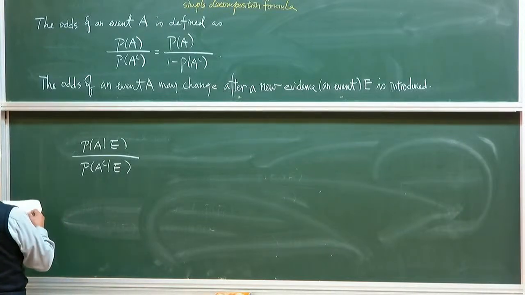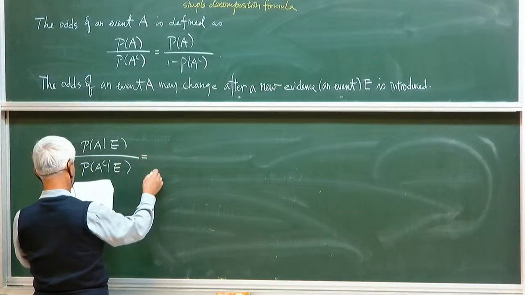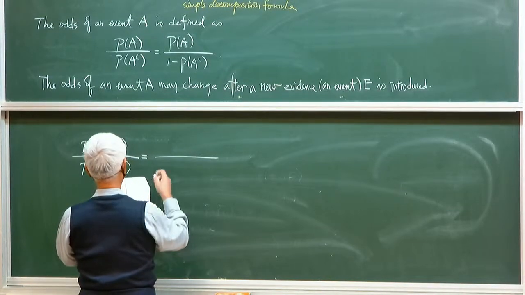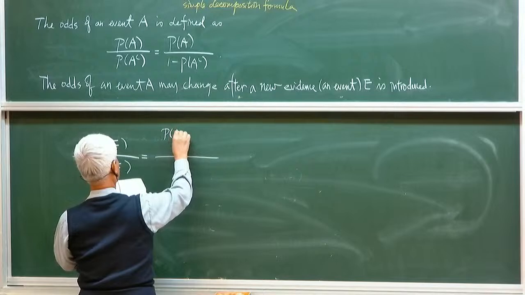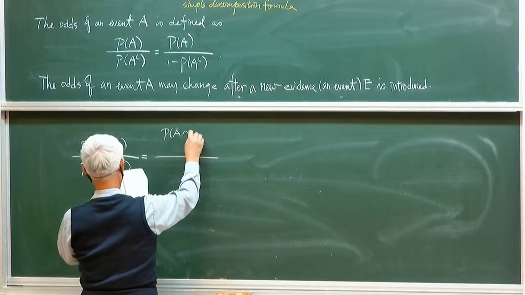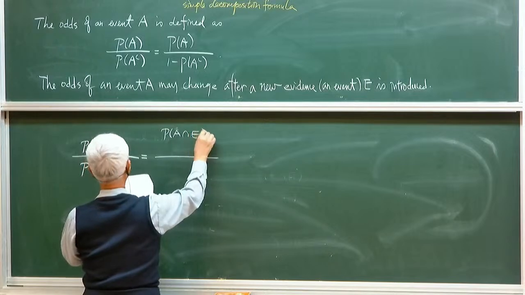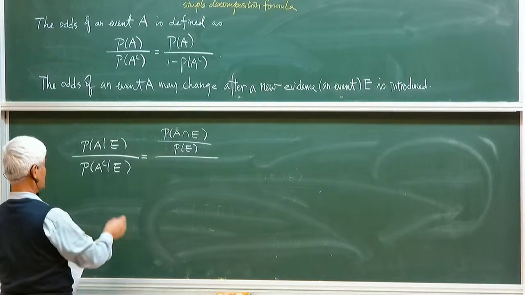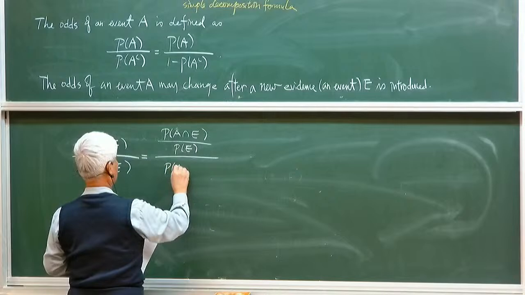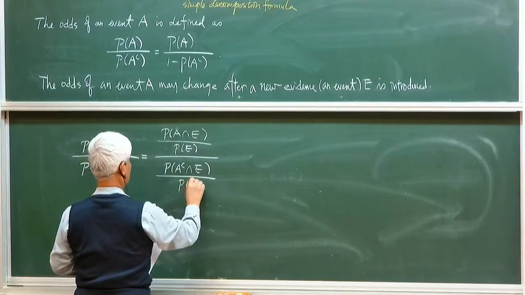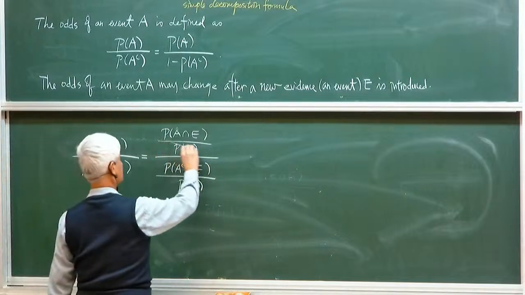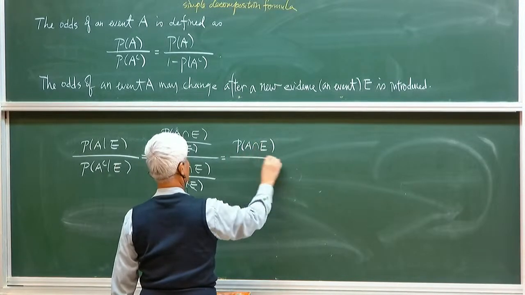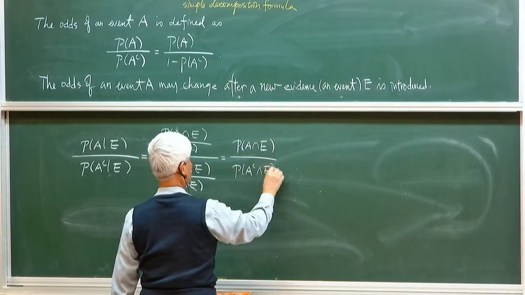So this is P of A intersect E divided by the probability of E. That is the numerator, and for the denominator we have P of A complement intersect E divided by P of E. So we can cancel the P of E.